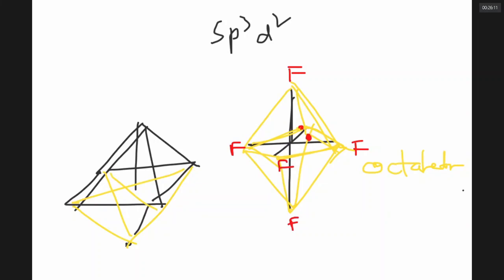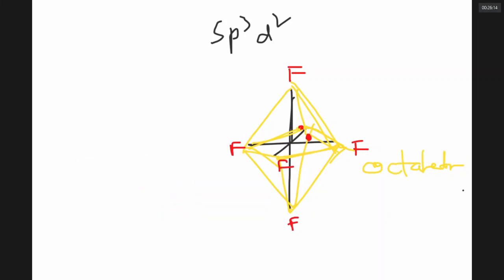If it is not clear, I will try again. This is an octahedron.